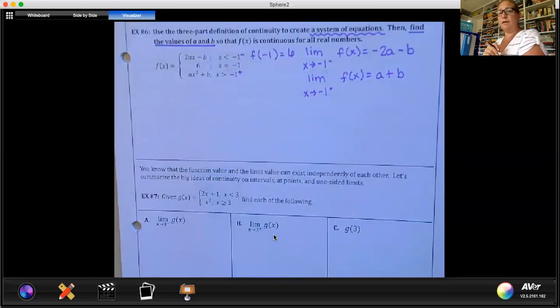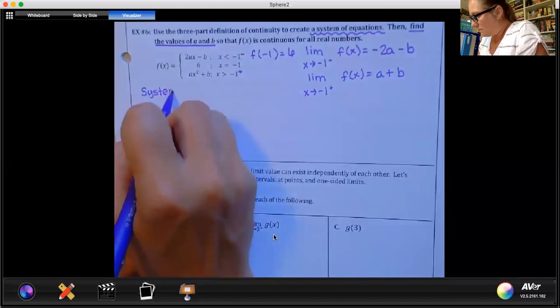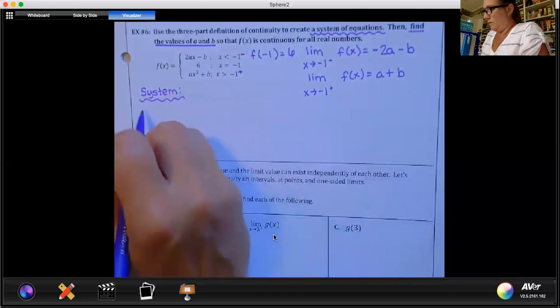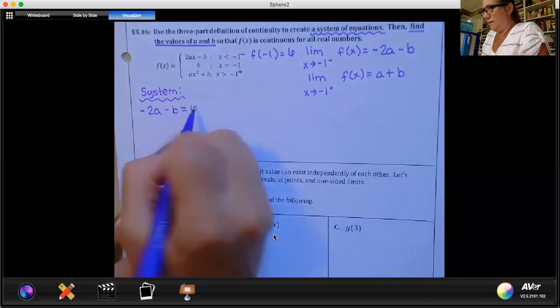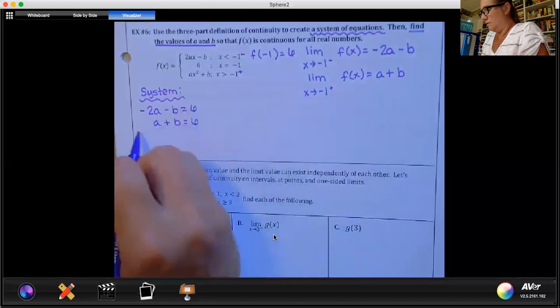This is where your system comes into play. Remember, your limit from your left and your right must be equal, and they must be equal to your functional value in order for the function to be continuous. So our system: your first limit equal to your functional value, and your second limit equal to your functional value.